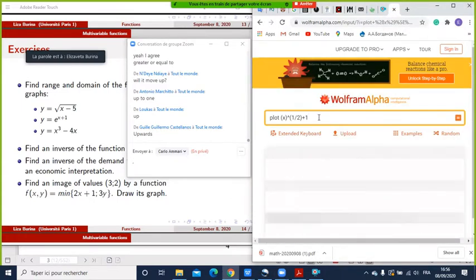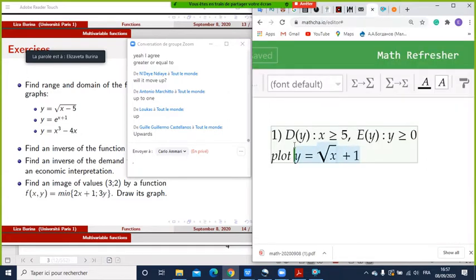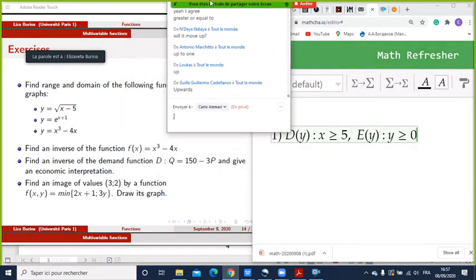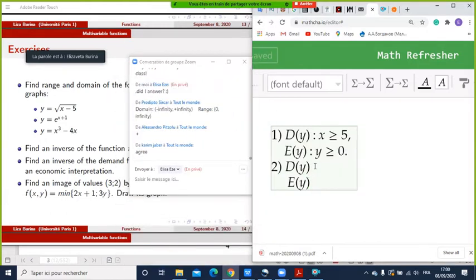I can plot or not plot. Yeah, perfect. It moved to 1. And in this case, you understand that the range will be from 1 to plus infinity, everything that y can be. Okay, perfect. So you know these little tricks of how to plot without even doing dot by dot. Okay, all agree, cool.